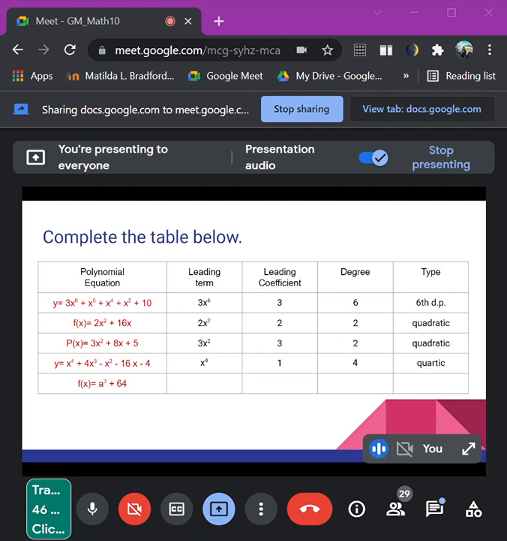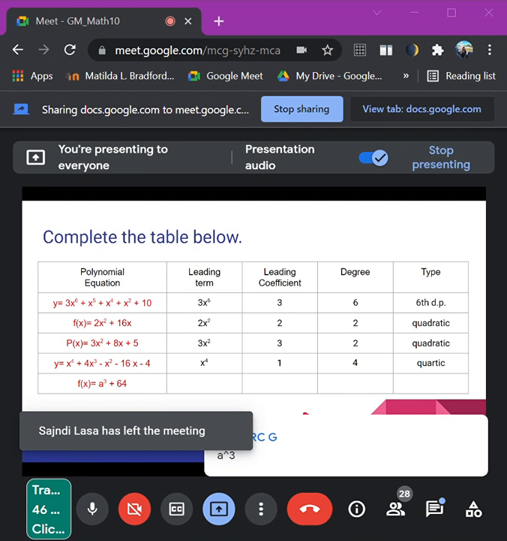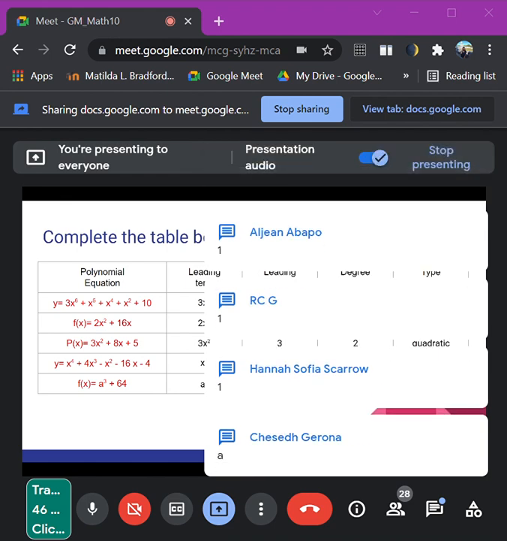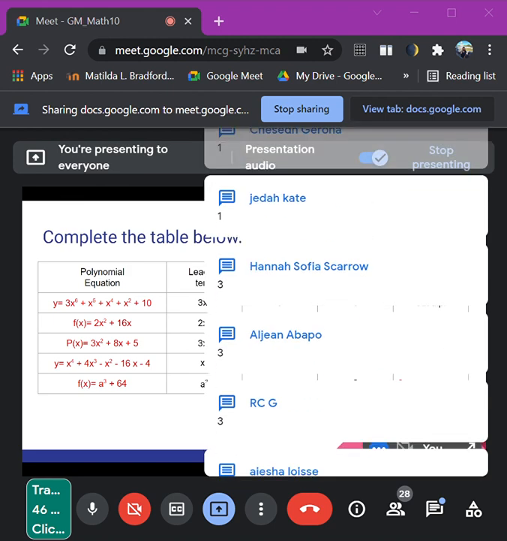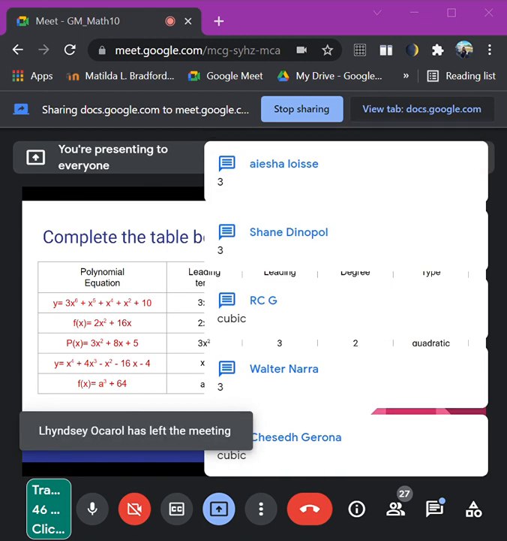So you have there, what is our leading term? a raised to the power of 3. Leading coefficient, that is 1. And then degree, that is 3. And then our type is cubic. Very good.